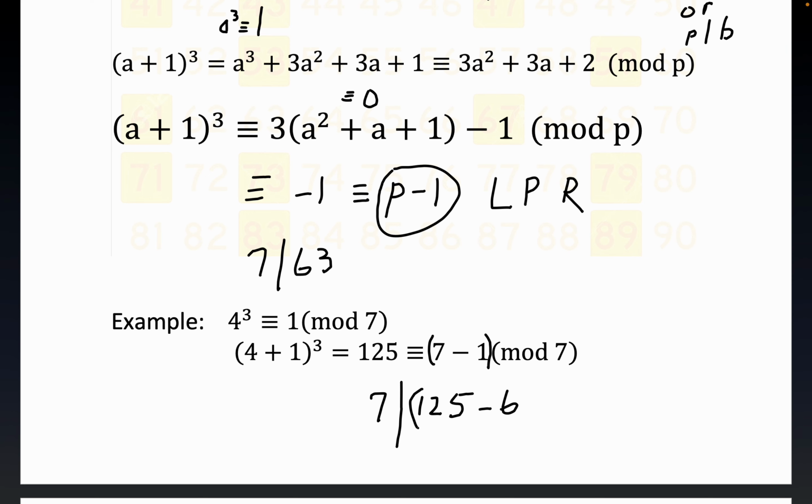And that's true since 7 times 17 is equal to 119. Okay, so there's one example, kind of a sanity check. 7 times 17 is 70 plus 49, which is 119. So again, concrete example, and hopefully this proof was adequate for you.